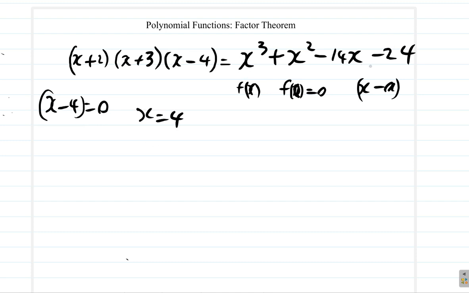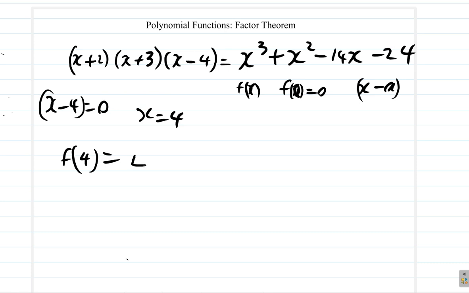So if we put 4 into this, we should get 0. The fact that f of 4 equals 0 means x minus 4 is a factor. If f of a is 0, then x minus a is a factor. Let's try it and see if f of 4 is really 0.